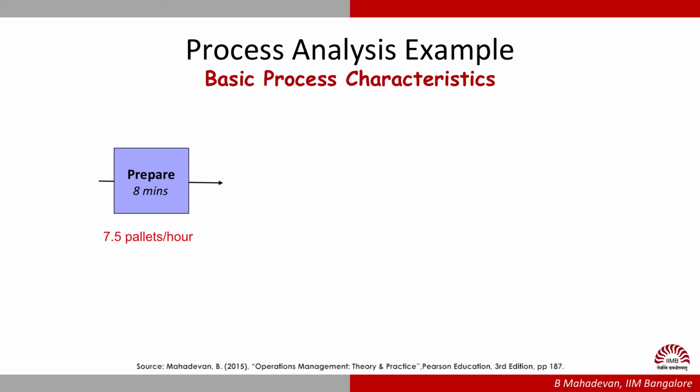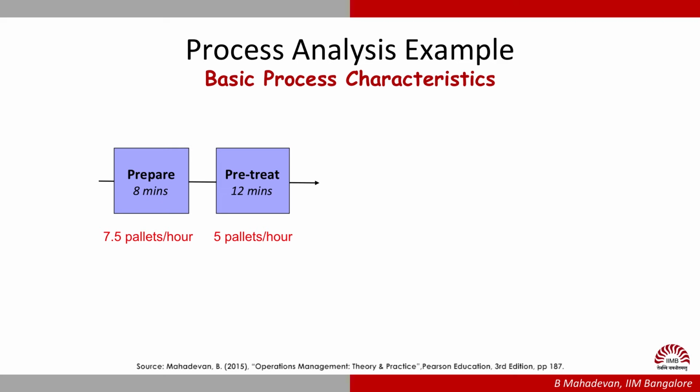After all, 60 divided by 8, 1 hour is 60 minutes. So 60 divided by 8 is 7.5. So what it means is the preparation stage of this process can produce at the rate of 7.5 pallets per hour. Pre-treatment takes 12 minutes, and what it means is 5 pallets per hour.